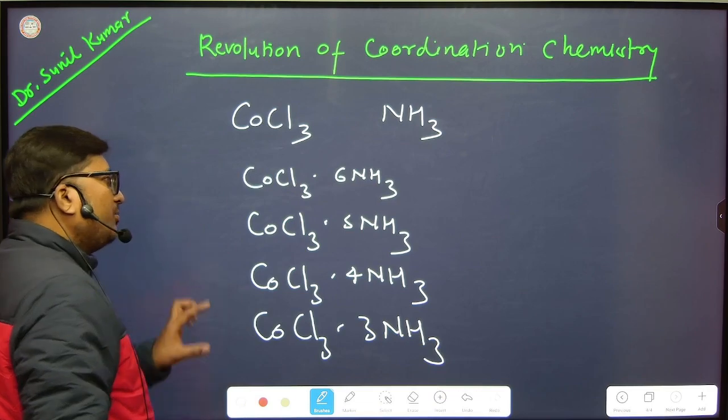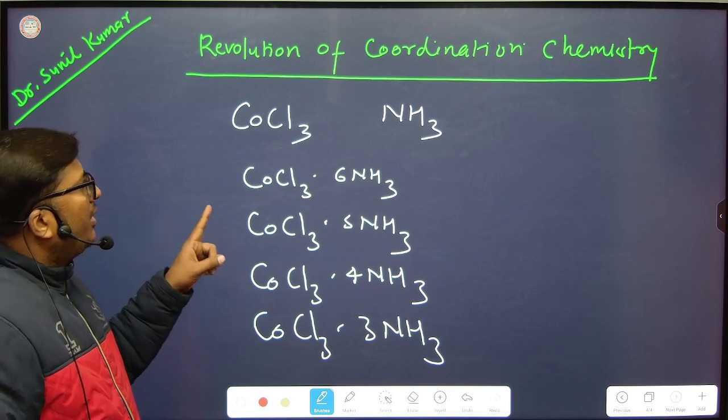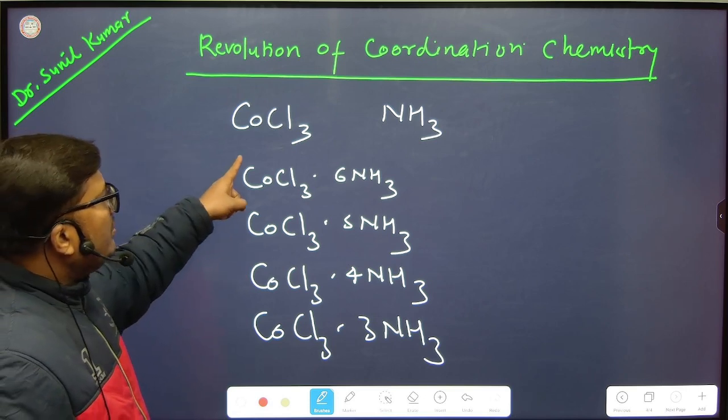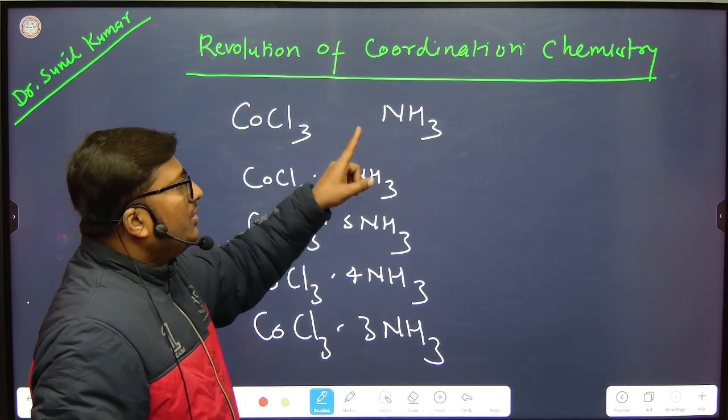So these are the four chemical adducts. So Werner actually found in his experiment through the reaction of this cobalt chloride with ammonia.